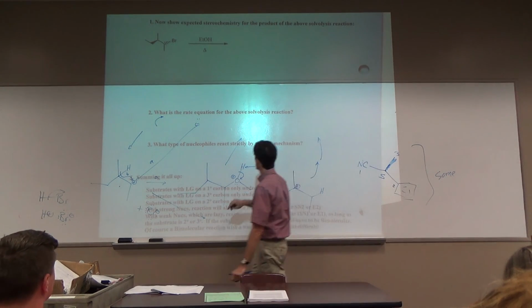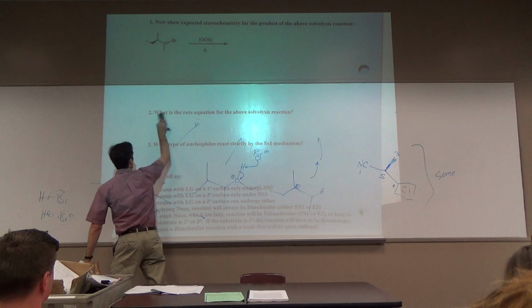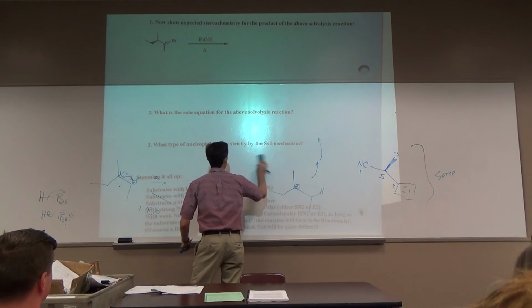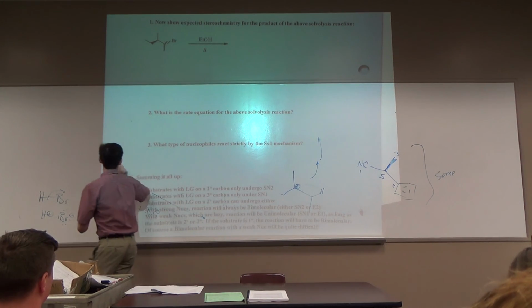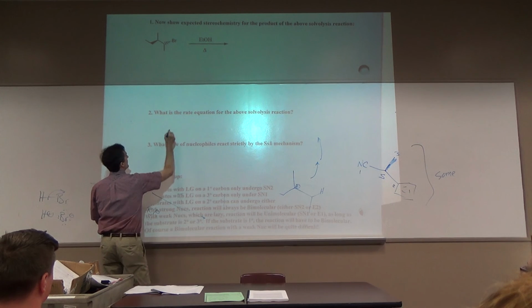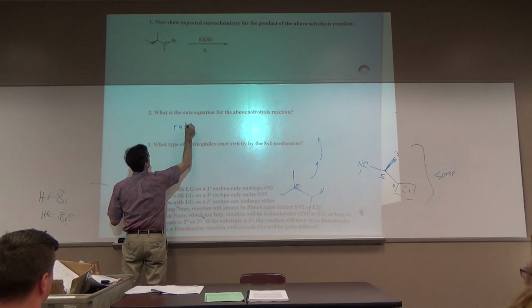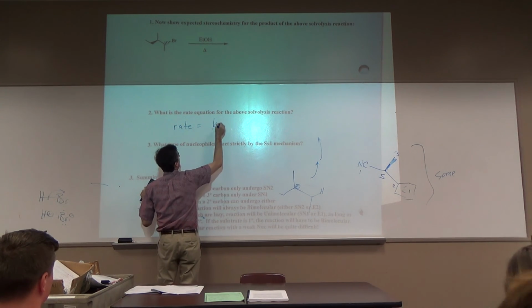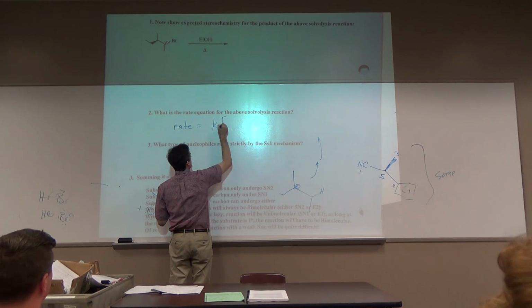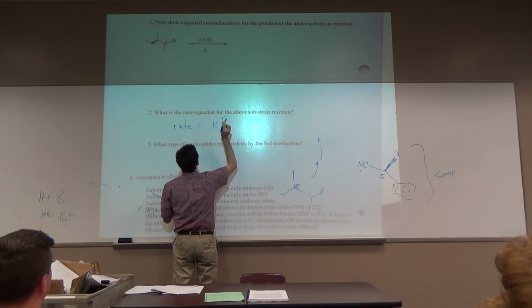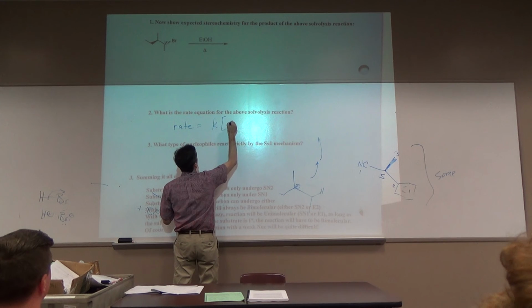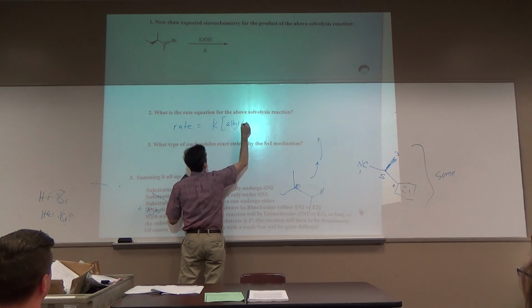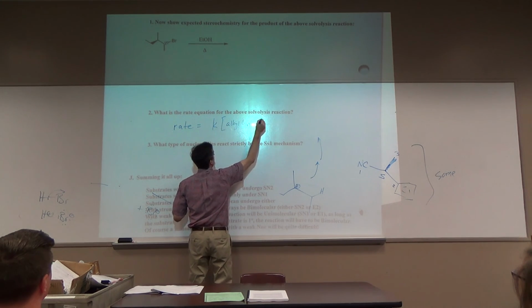What is the rate equation for the above solvolysis reaction? Can you write the rate equation? Some type of constant times what? This one is just going to be the alkyl bromide.